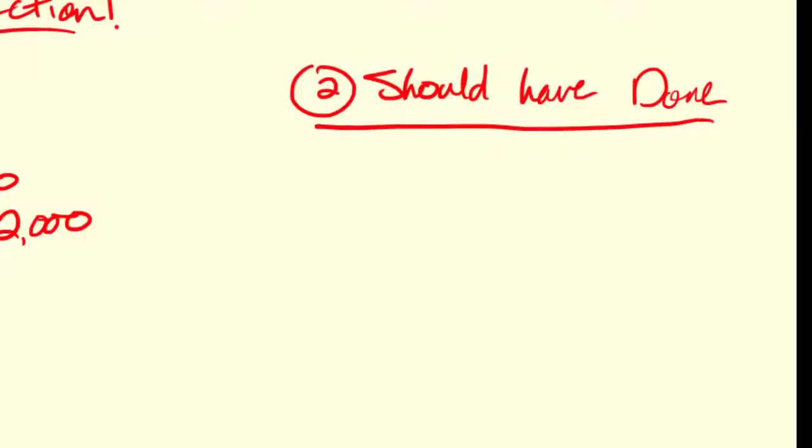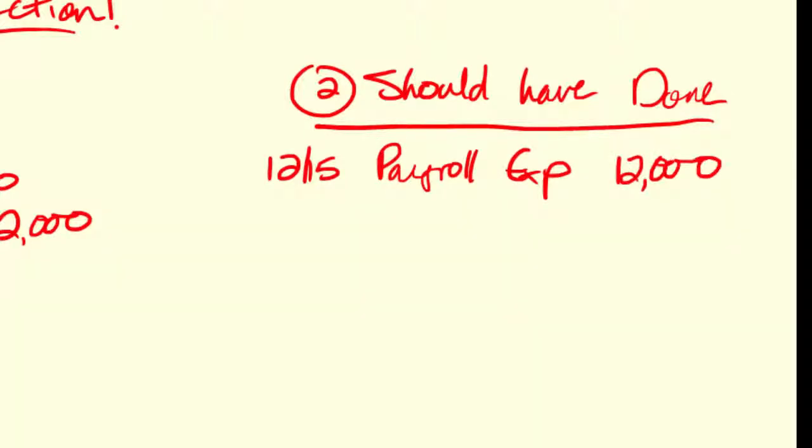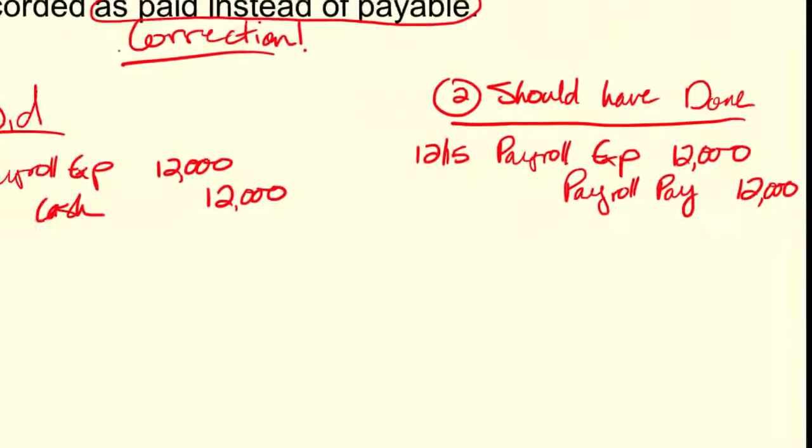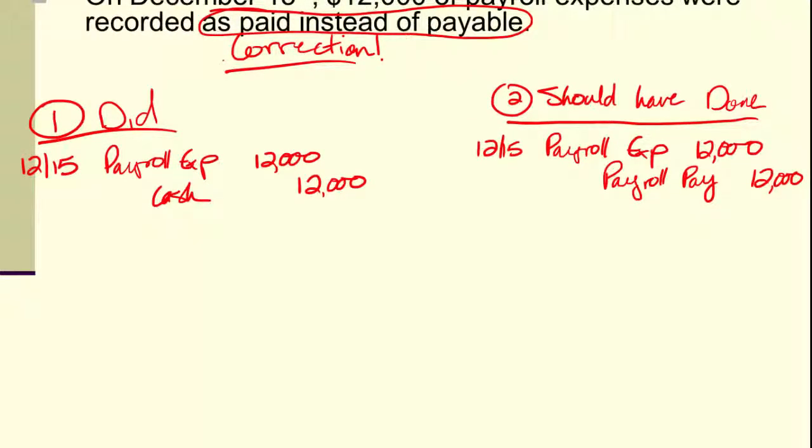What I should have done on 12/15, I still would have recorded that payroll expense of $12,000, but I should have put it into payroll payable or wages payable. Now you notice I haven't put descriptions on these because these aren't formally in the journal. This is just me making notes to myself. So I'm not going to bother with a description because it's not a real journal entry.